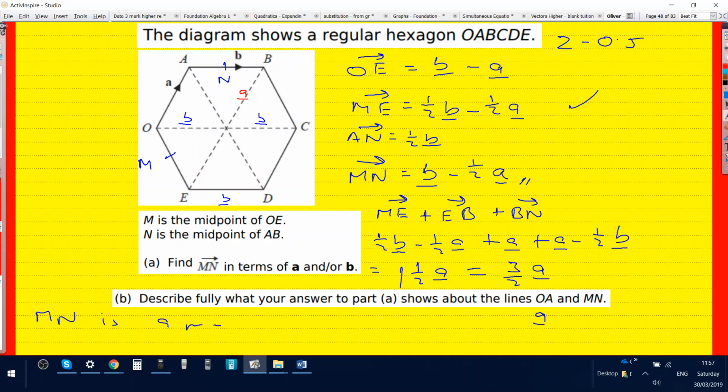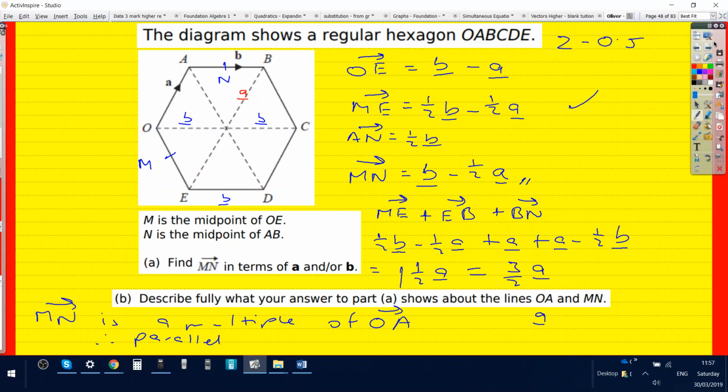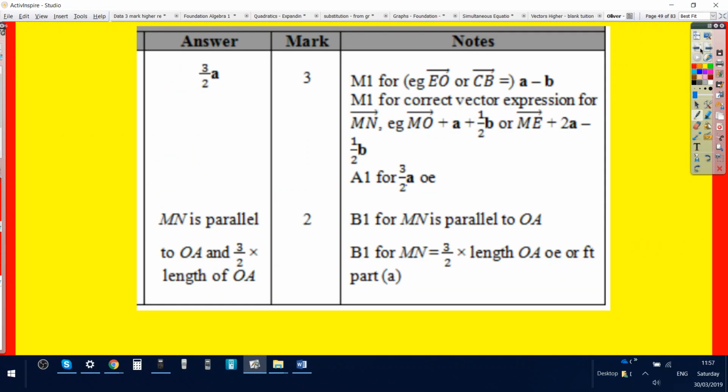Therefore parallel. Well done. Multiple of O to A, therefore parallel. And M to N is 3/2 of O to A. M to N is parallel to O to A for that or follow through.